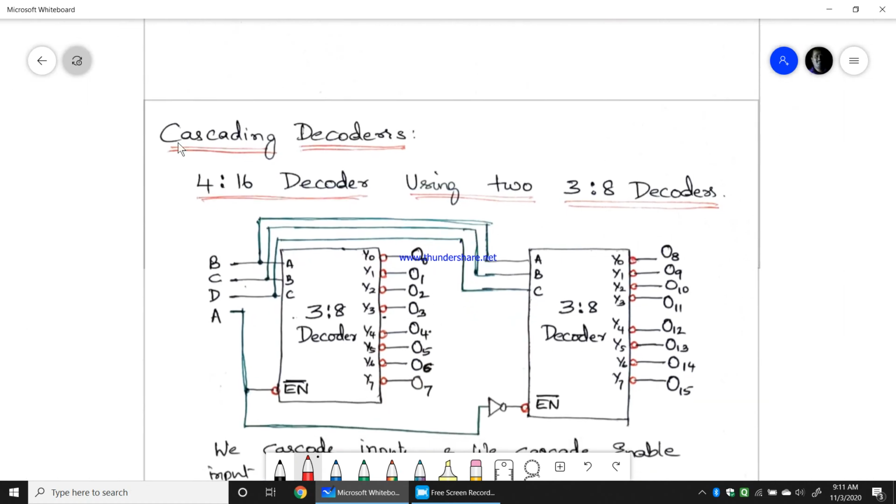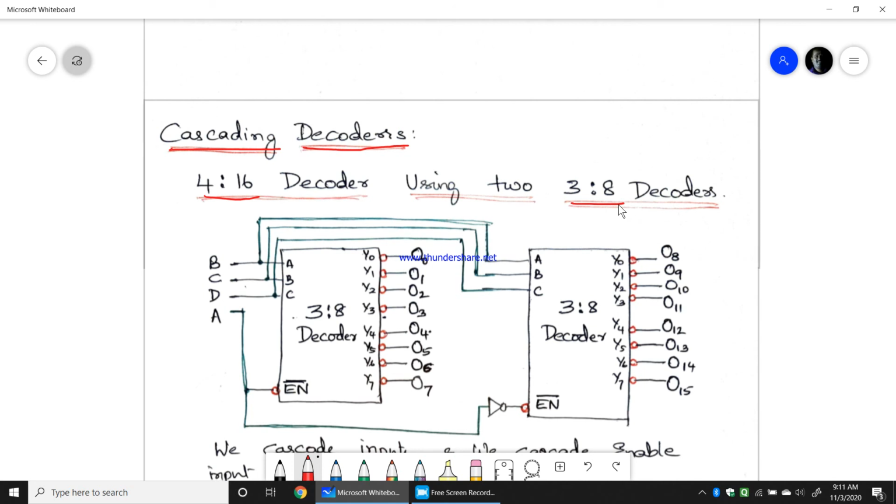Coming to cascading decoders, so how do we cascade decoders? We can design a 4:16 using two 3:8 decoders.